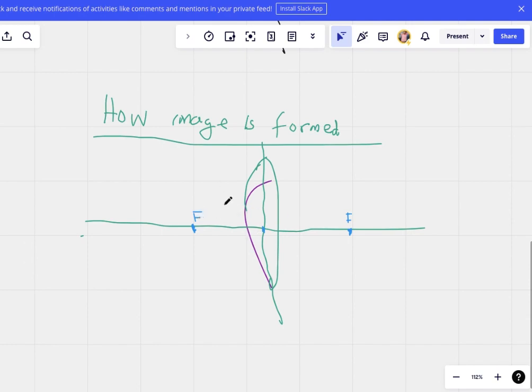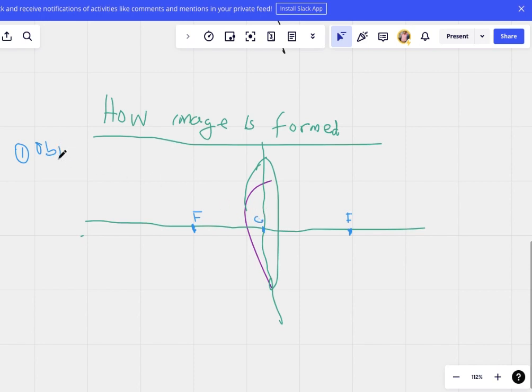Now I want to put the object here, between F and C. You know, these C are optical center.